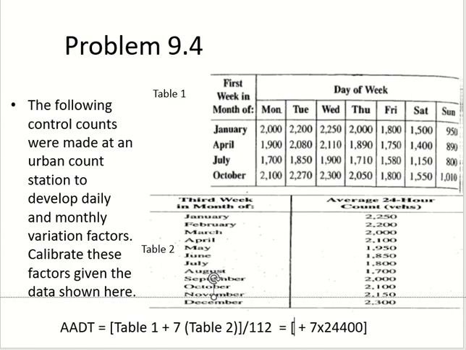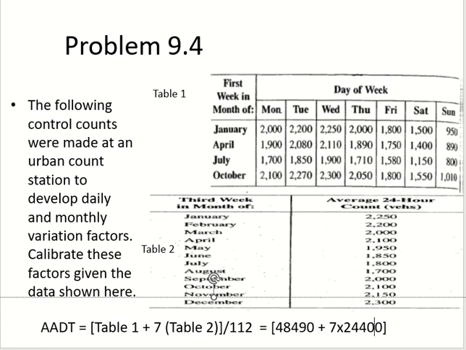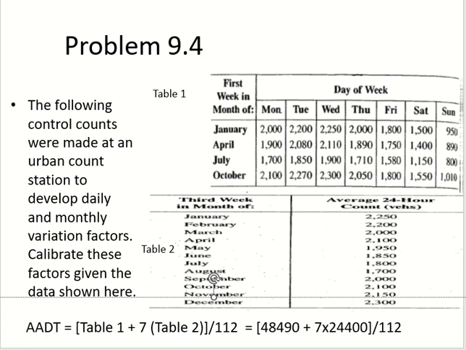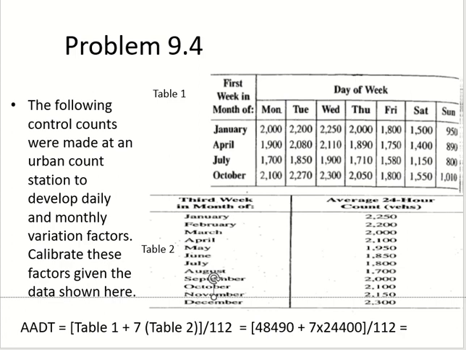How much did you say? 48,490. Okay, and when you divide by 112, what do you get? Is it without multiplying by 7, this answer? No. 48,490. Okay, and then the full thing will be 17.79.